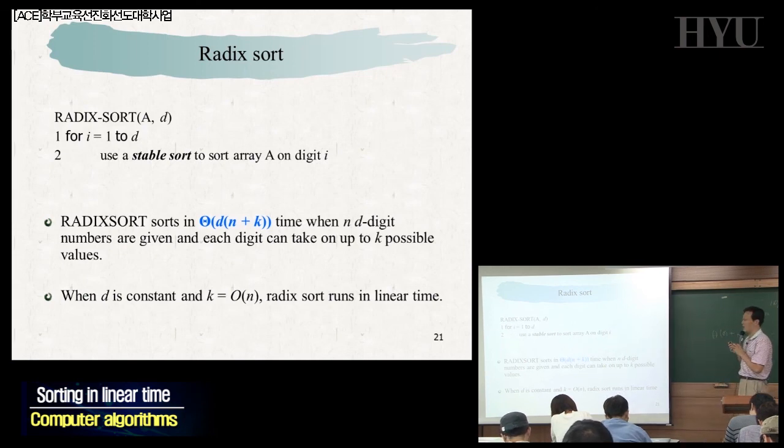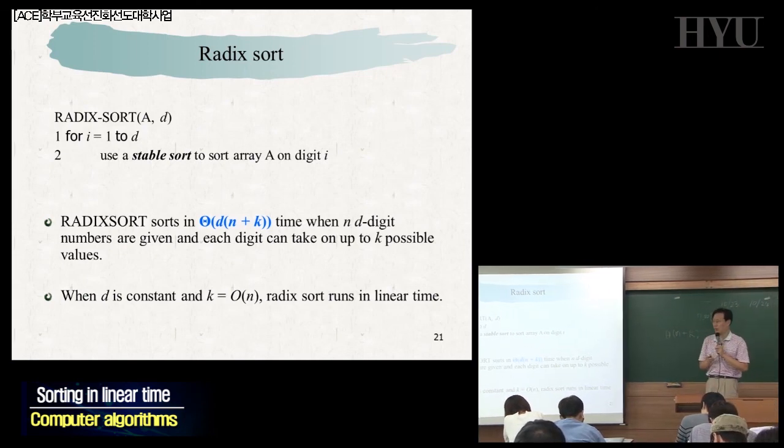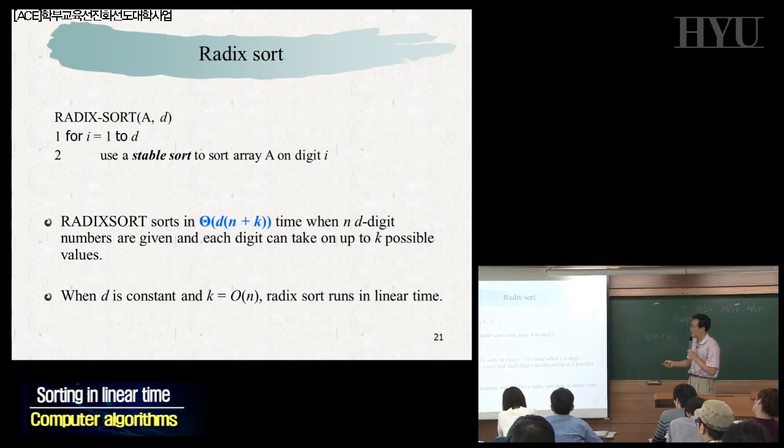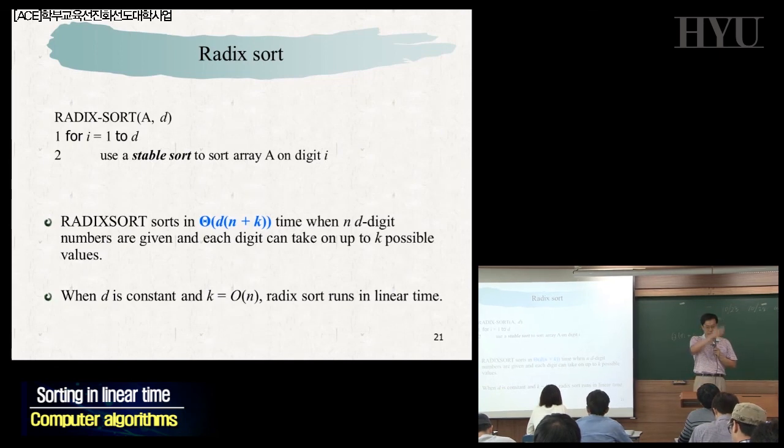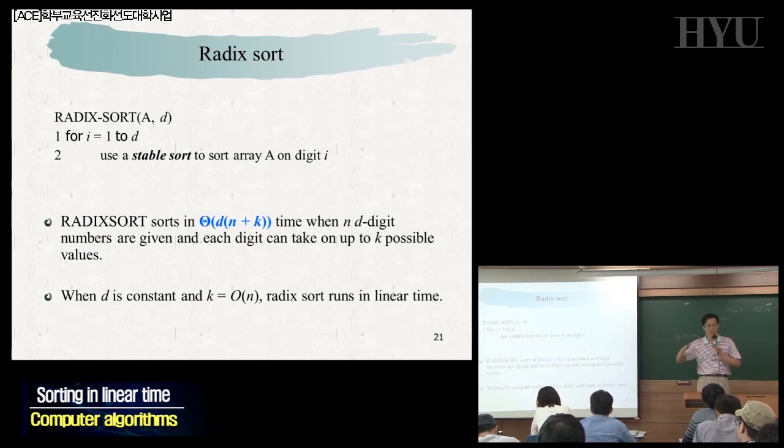And then the running time of radix sort is theta of D times (n plus k). D is the number of radixes, and n plus k is the running time of the counting sort.